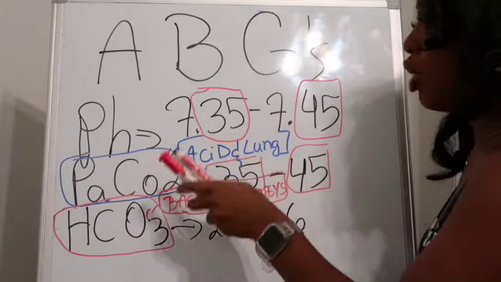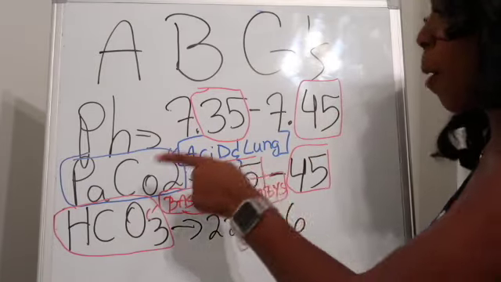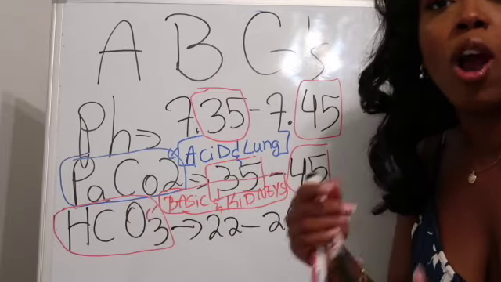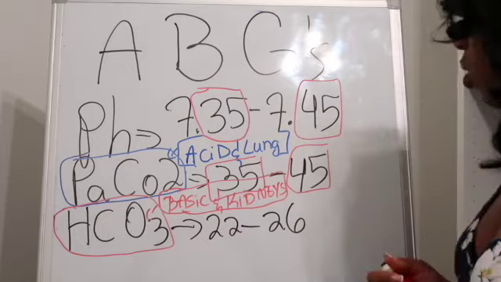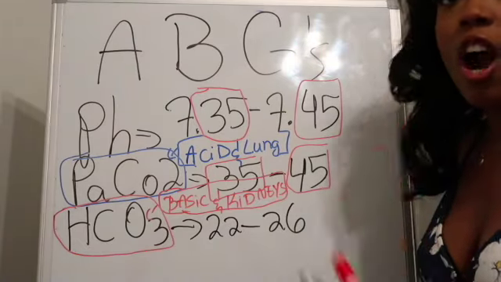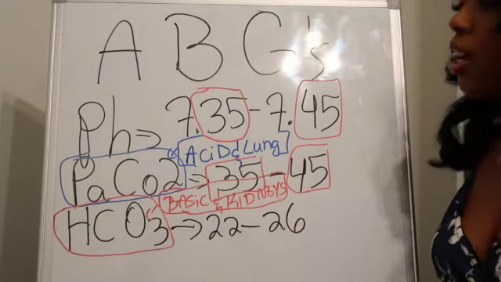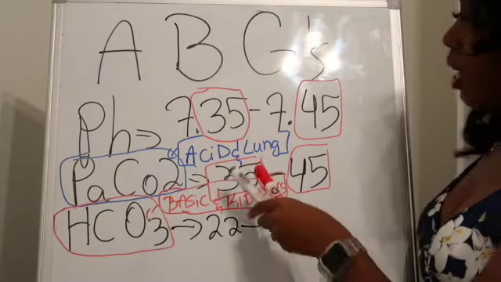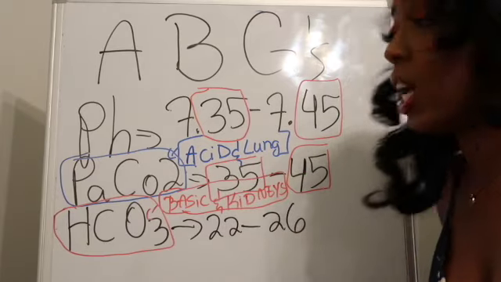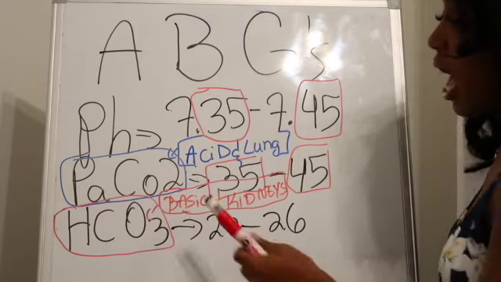I know I'm matching PaCO2 with acid and the lung, so I know the more PaCO2 I have, because it matches with acid, the more acidic the patient is, okay? So any number above 45, they are abnormally acidic. They have too much carbon dioxide in the blood, okay? And if it's less than 35, they don't have enough acid in the blood. They don't have enough carbon dioxide, so they're going to be more basic.